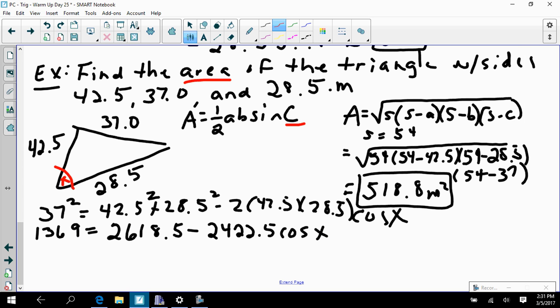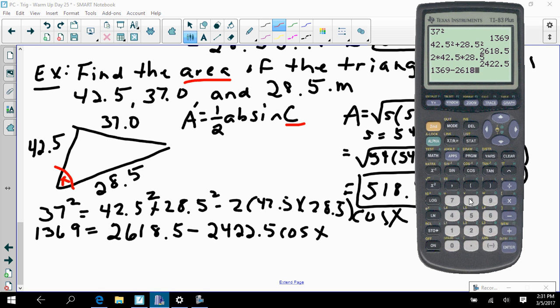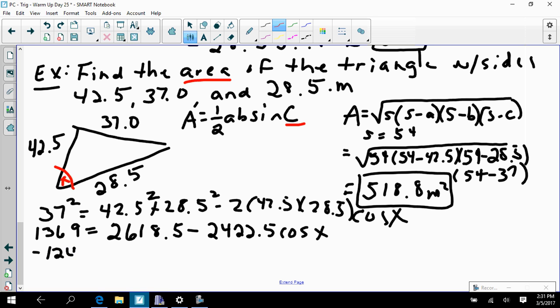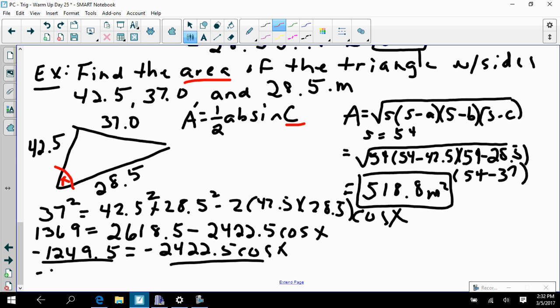Now I have to move this 2618 over. So 1369 minus 2618.5 gives me negative 1249.5 equals negative 2422.5 cosine of x. And I have to divide that over.